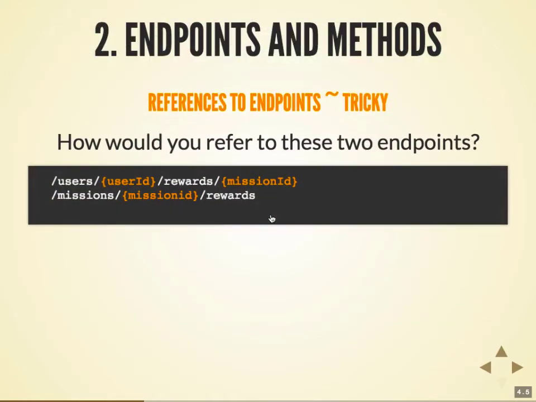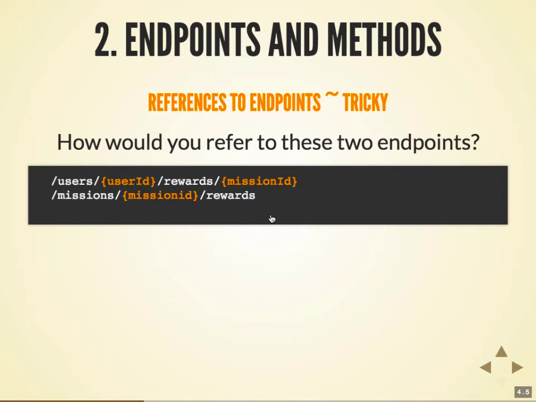Now, how exactly do you refer to each of these endpoints? This is where it gets really tricky, because let's say you have these two endpoints, users/user ID, rewards/mission ID. This is some kind of game API where you've got a reward that correlates to a certain mission and so forth, and that's how it gets returned. But then you might also have a missions endpoint that has certain rewards that correlate to that mission and so forth.